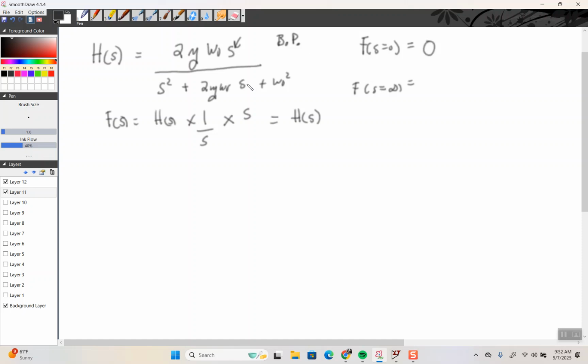Infinity. Well, the s squared term is dominating these here, so they fall out. Then you have s divided by s squared, which gives you 1 over s, and it goes to 0 in both spots.